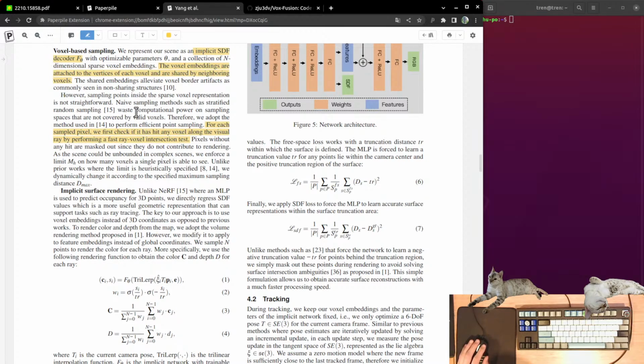This is a way that they save computational power by not having to sample spaces that aren't touched by that ray. Okay, so there's a limit on how many voxels a single pixel is able to see.